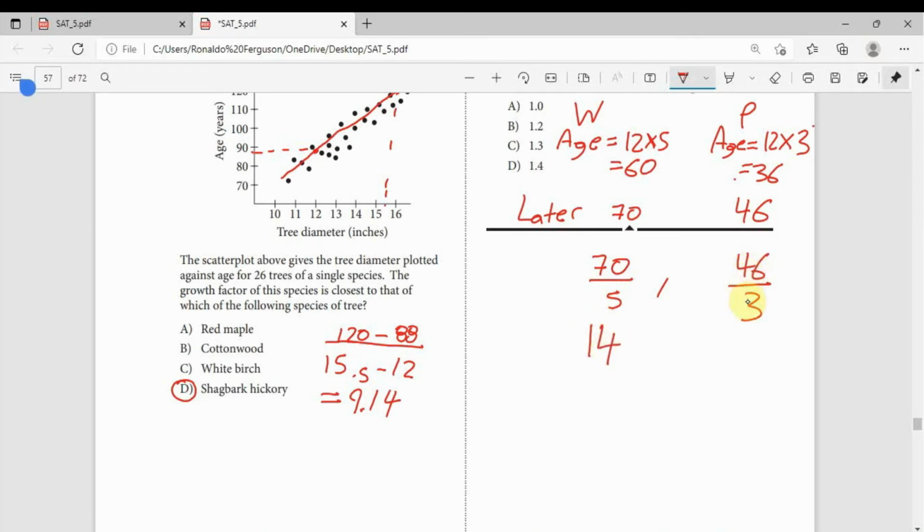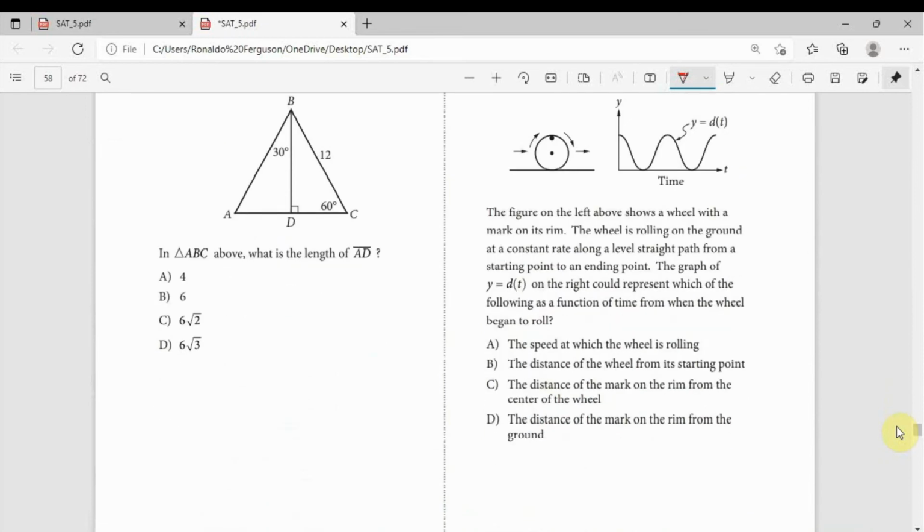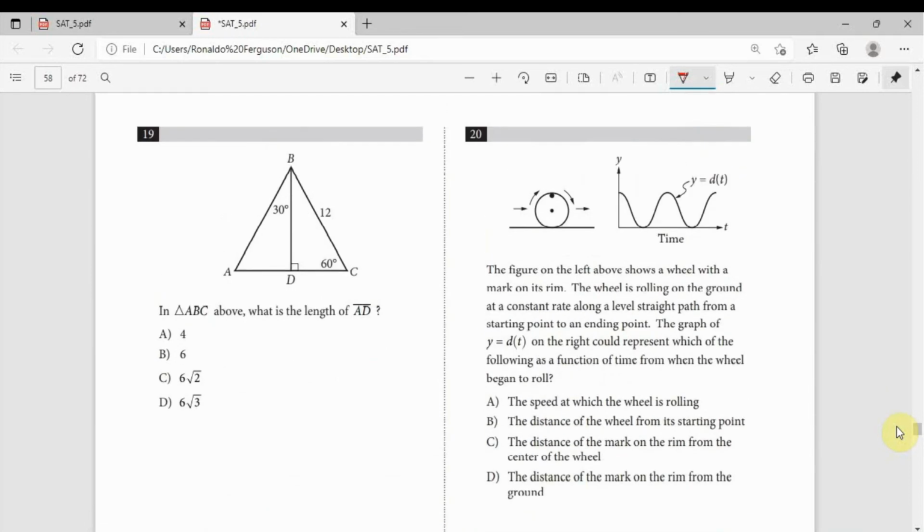And 46 divided by 3 is 15.3. Look at it, obvious now. The difference is 1.3, right? So that one was very obvious. So the difference is 1.3.